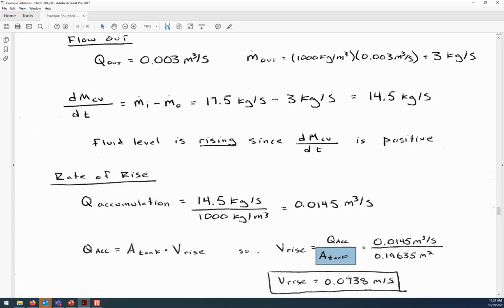And if you've ever filled up a swimming pool before, then you've probably seen firsthand the effect of how slowly the liquid level rises compared to if you had that same flow rate going into a smaller container like a bucket or even a bathtub. The liquid level is going to rise much more quickly because of the area. So that's kind of akin to the example that we had on Tuesday, where the liquid level was falling really slowly in the case of that Oahe Reservoir because it has such a big area.